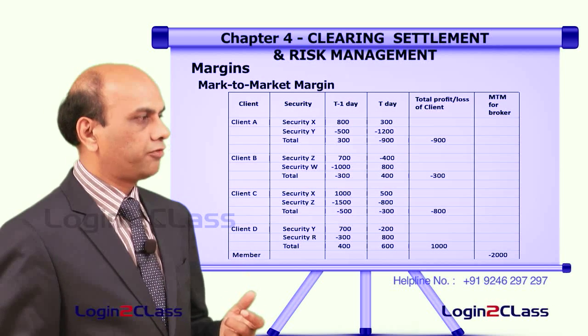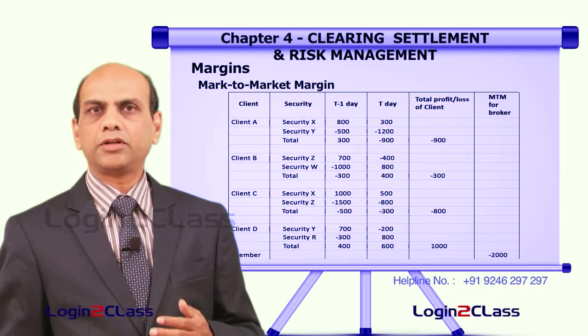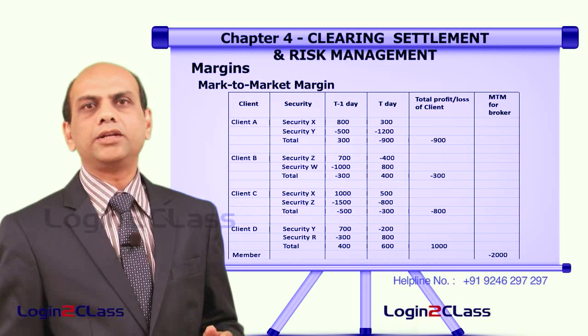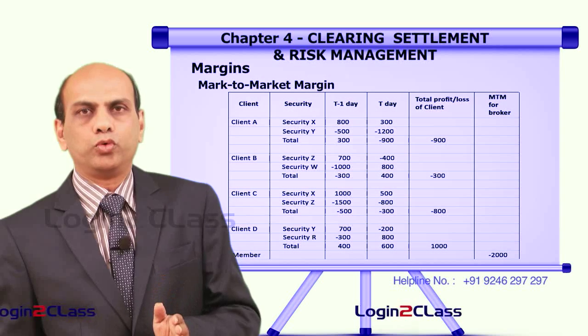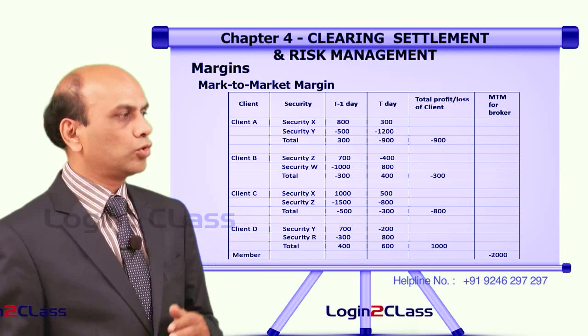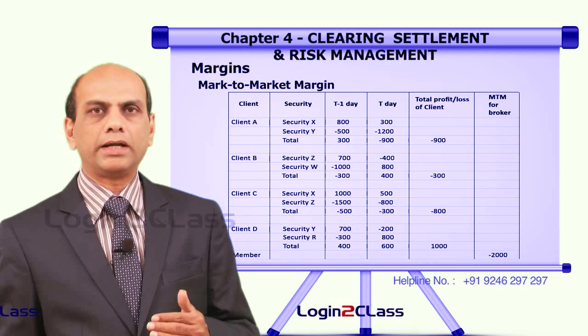Now what is the net profit? That is 400 rupees on T minus 1 day after market closes. So this particular client D need not pay any MTM because his positions have actually improved. So he is in a net profit on his positions. So there is no MTM situation for client D on T minus 1 day.